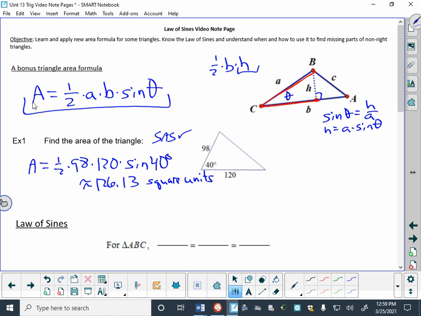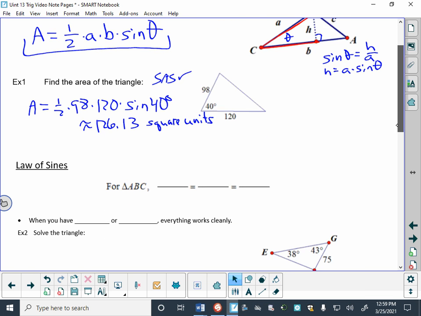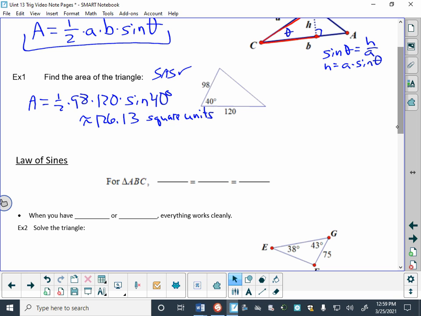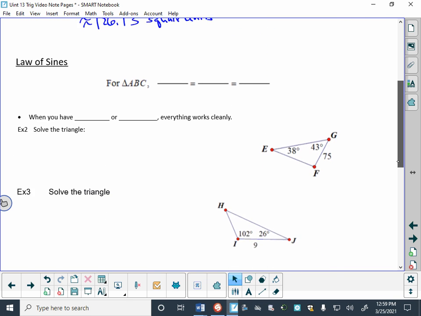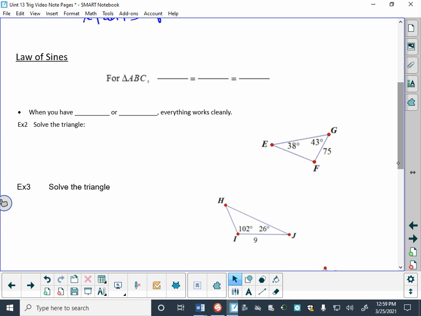So that's how we use that area formula. It's handy to have something other than just 1/2 base times height when you can't directly see either what the base is or what the height is. All right, the heart of this, though, is the law of sines.